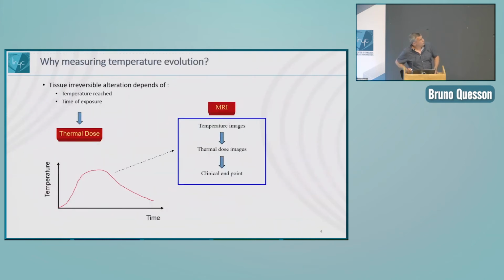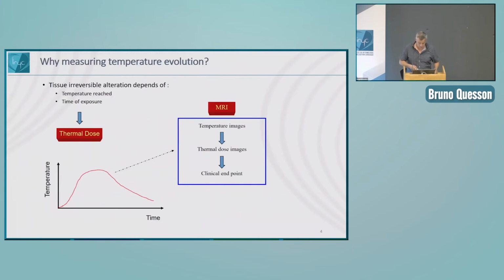So why do we want to measure the temperature? As I said before, it is to monitor a treatment, and a thermal treatment has the objective to create irreversible damage. And this depends on two parameters: the temperature exposure, how much temperature increase I induce locally in my targeted region, and of course the time of exposure.